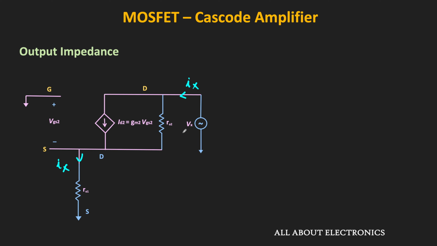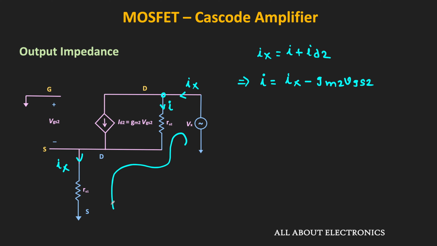Now let's say the current through R02 is equal to I. Applying KCL at this node, we can write Ix is equal to I plus ID2, or we can say that the current I is equal to Ix minus gm2 times VGS2. Now let us apply the KVL equation in this loop.